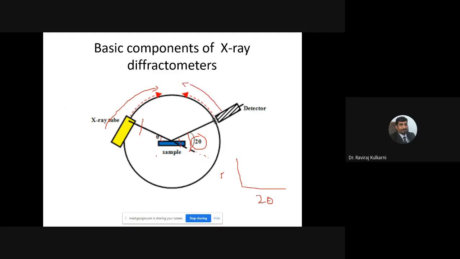Either I can move the detector and the sample, or I can move the X-ray tube and the detector, to get this 2 theta angle. So in intensity versus 2 theta, wherever Bragg's law is satisfied, I get an intensity. Wherever it is not following the equation 2d sin theta equals n lambda, I am not getting intensity. Somewhere I am getting intensity from some reflections.